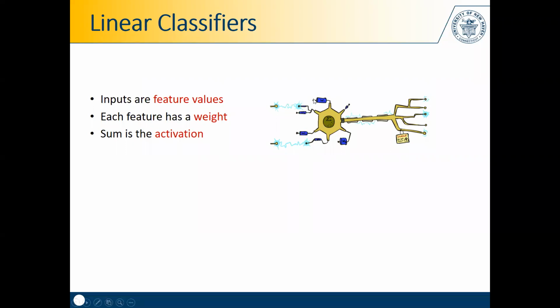The first pixel value can go in here, the second pixel value can go in here, and so on. Each feature has a weight, which is this component here. And then the sum of all of these is called the activation, or what comes out of the perceptron.